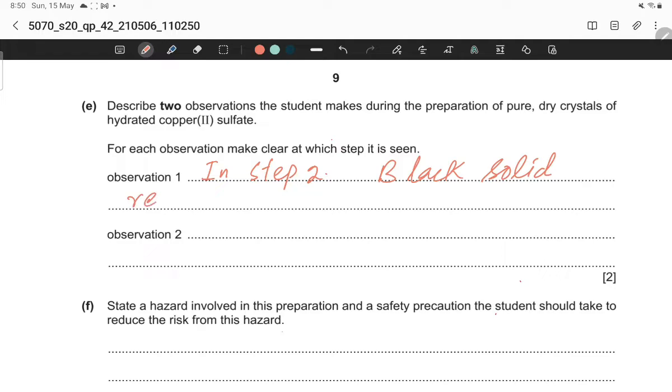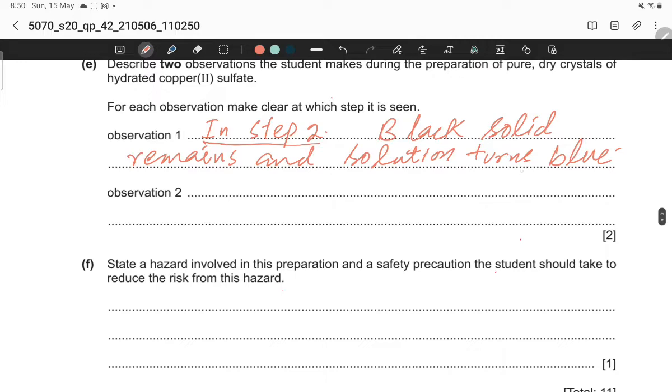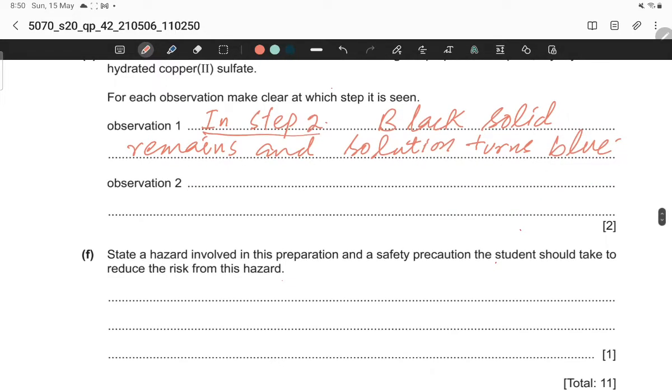And the solution turns blue, copper 2 sulfate, because all copper salts are blue except copper 2 carbonate, which is green. In step 3, blue crystals can be seen.